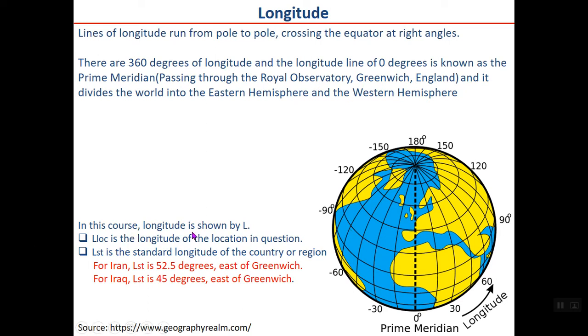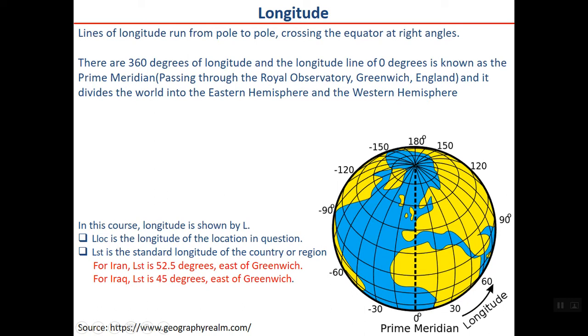In this course, longitude is shown by L. There are two important parameters which we will discuss in the next slides. The first is L with the subscript LOC. Whenever you see L with the subscript LOC, it is the longitude of the location in question. LOC stands for location.